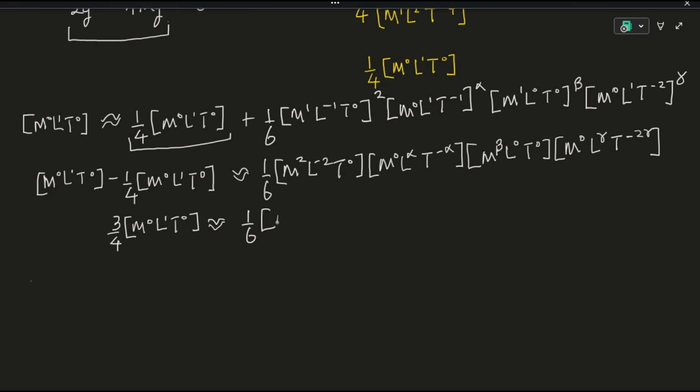And so we're going to have, the base dimension of length, we have -2 here, we have alpha, and we have gamma. Then for the base dimension of time, we have minus alpha and -2 gamma.